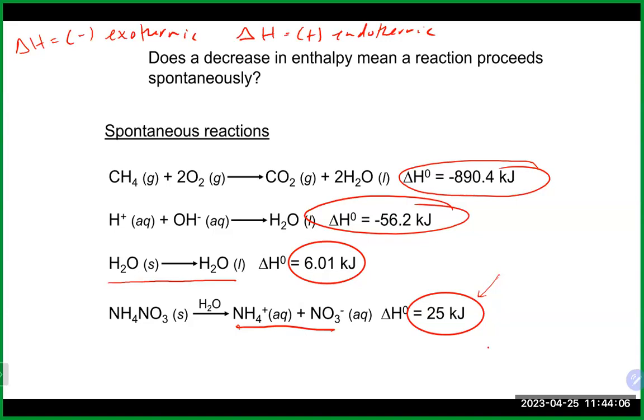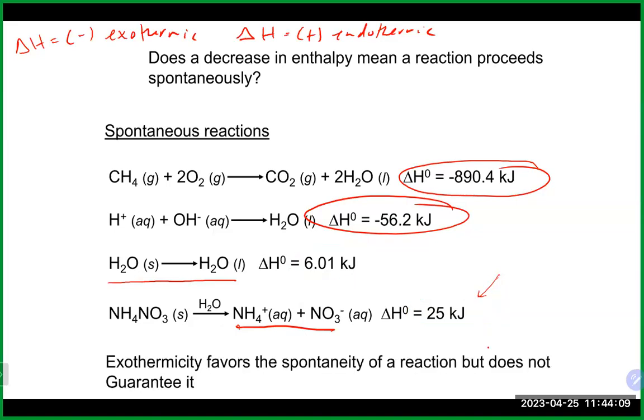So delta H is not necessarily the best thing to use to determine whether or not a reaction will be spontaneous, although exothermic reactions and processes do favor spontaneity because you're giving off energy. That helps a lot of things occur, but it doesn't necessarily guarantee it.